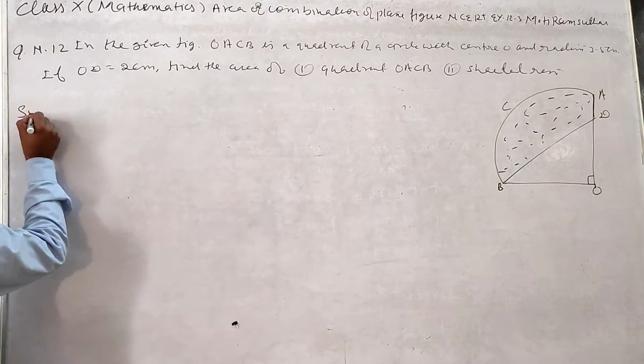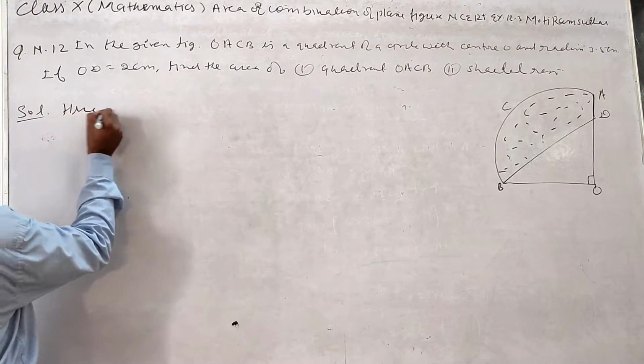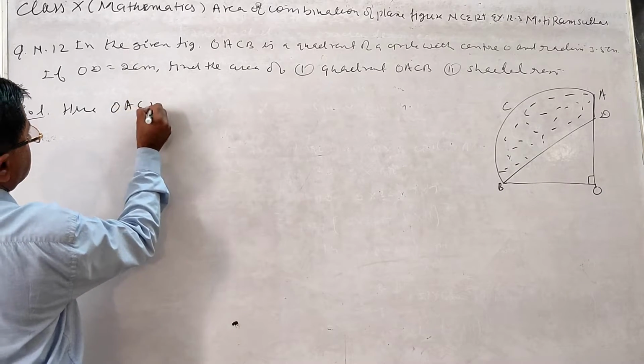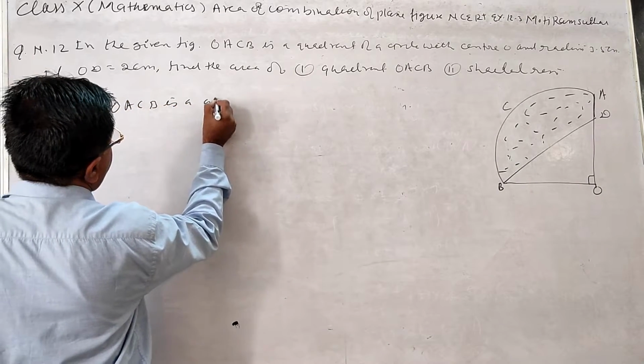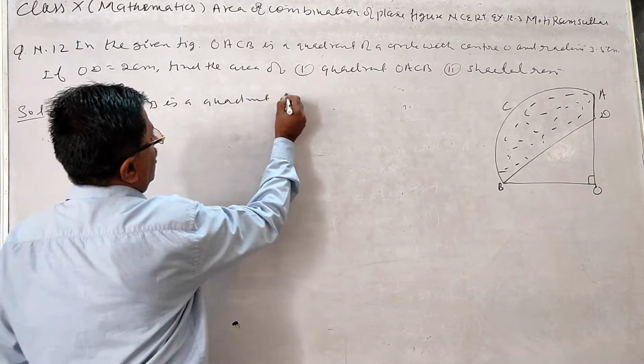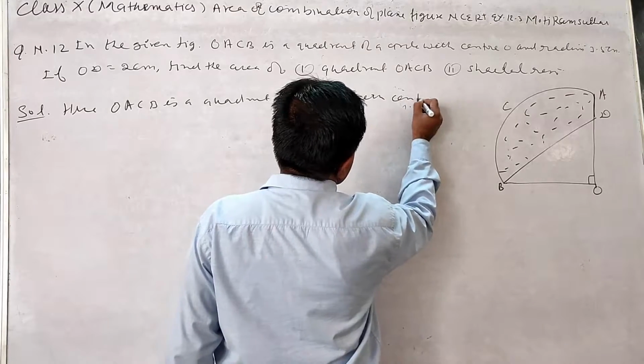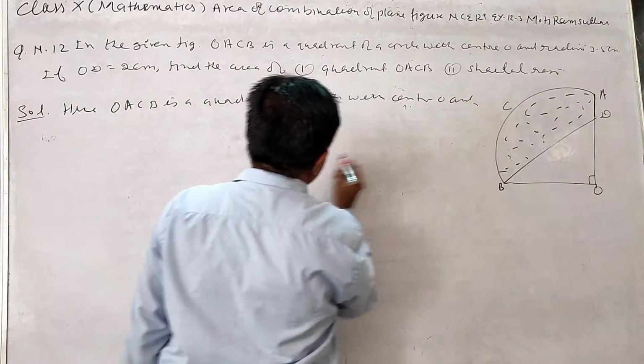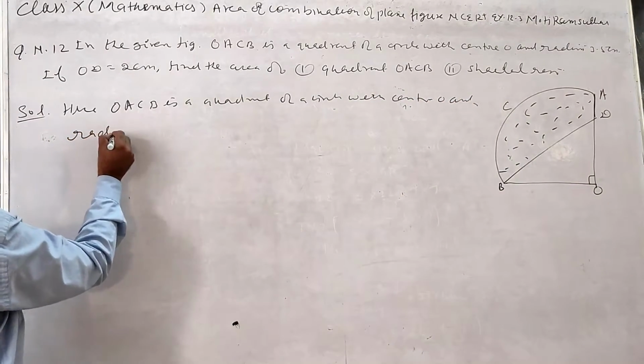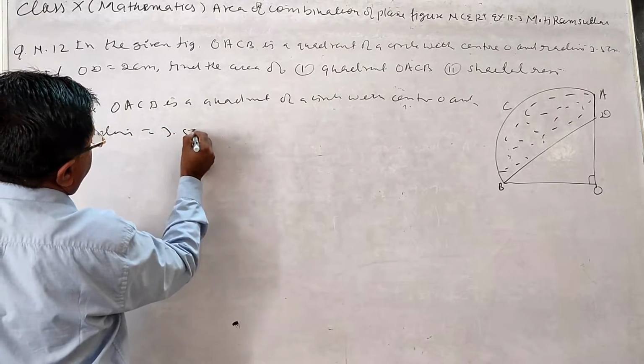So in the solution you write, here OACB is a quadrant of a circle with center O and radius equal to 3.5 centimeter.